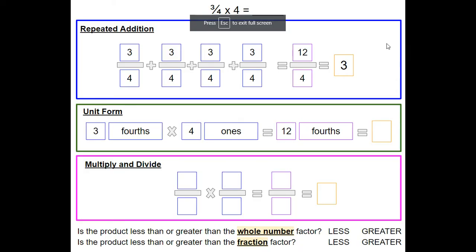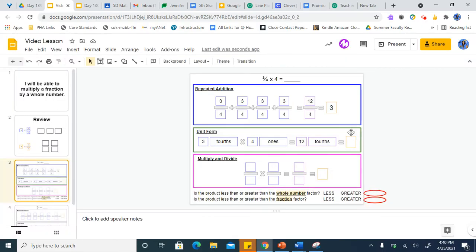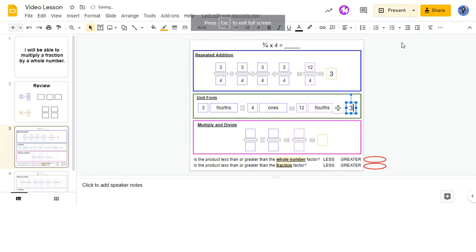So 3/4 times 4 ones is 12/4, which we can rewrite as a whole number. Notice 12/4 is the same fraction we got when using repeated addition. 12/4 is the same as 12 divided by 4, which is 3. So once again, we got the same answer of 3.